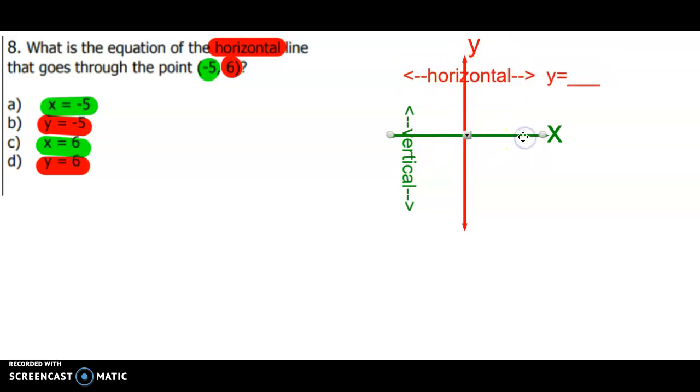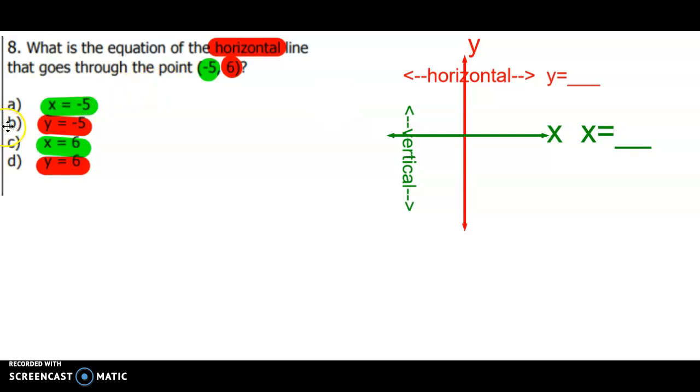Here, I can see that my x-axis is green, and that a vertical line means it crosses through my x-axis. So any vertical line is always going to be x equals, and then whatever number it's crossing through on the x-axis.